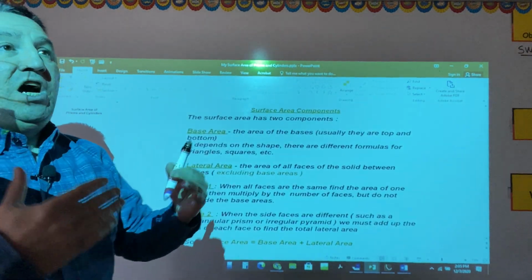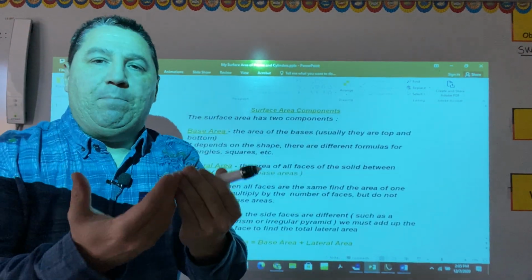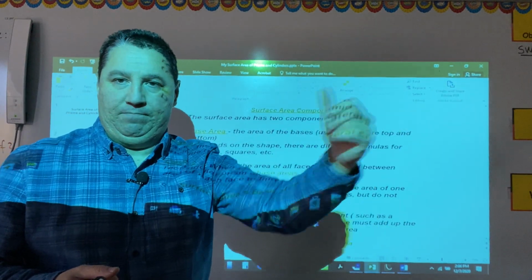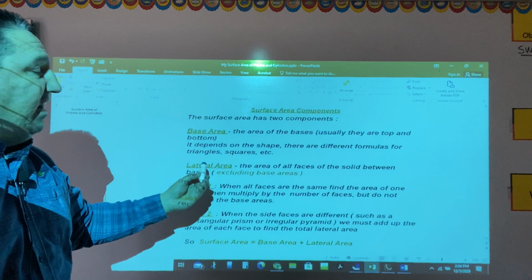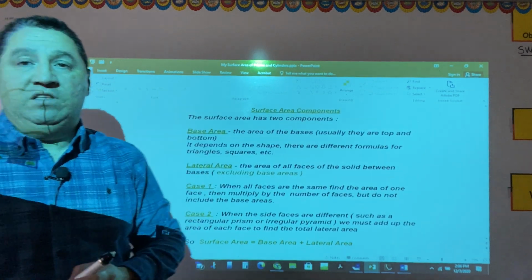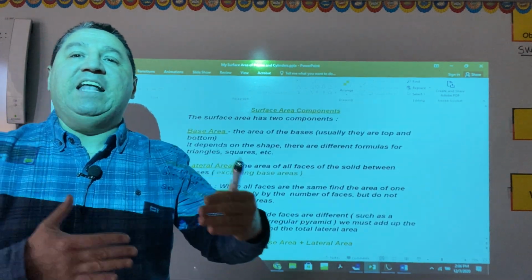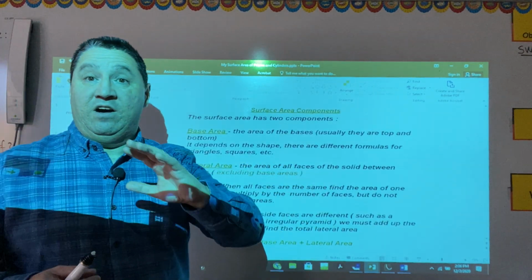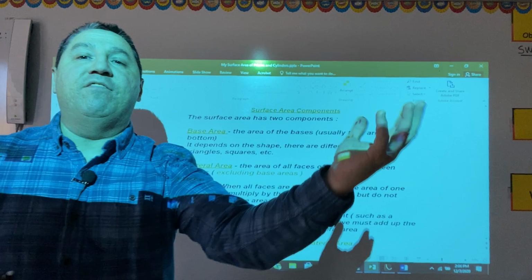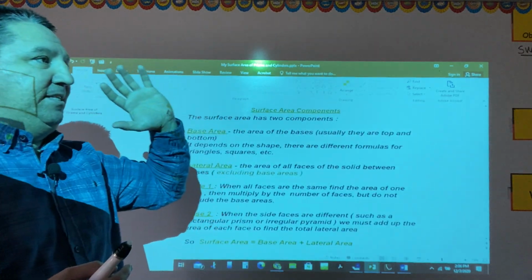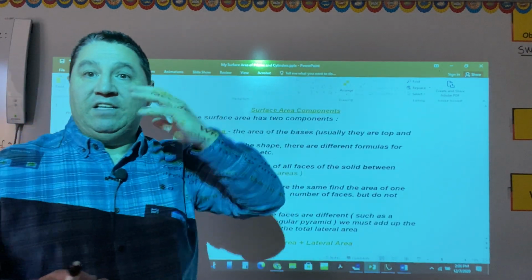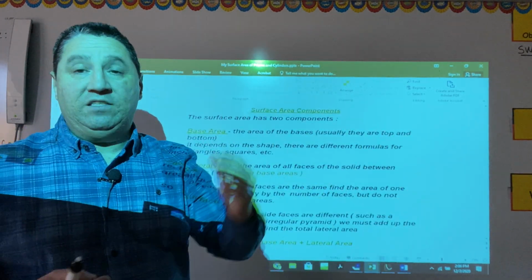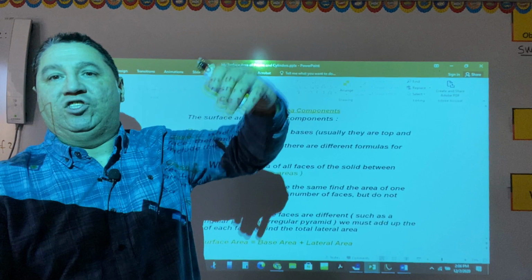Depending on the shape of the base, we have different formulas for area. And the second component is called lateral area, which is the area of all side faces, or the sum of all areas between the ends or bases.